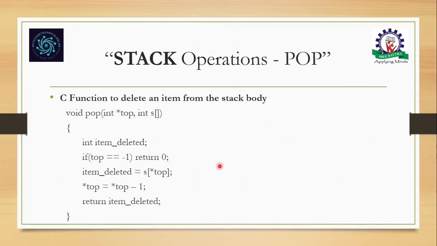So the full C function to delete an item from the stack body, we can write as follows. Mainly we are considering only the top pointer and the array S, so we are going to take them as the parameters. Here I am going to take a new element, item deleted. I have defined it as of type int because I am taking it as a whole number.